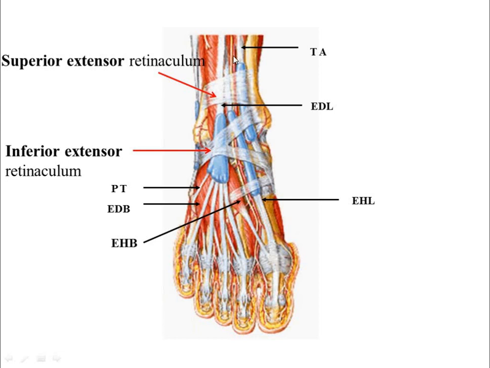So these two, that is the deep peroneal nerve and the anterior tibial artery, which were traversing deep to the extensor retinaculum, are ultimately lying between the extensor tendons of the great toe and digits, that is extensor hallucis longus and extensor digitorum longus.